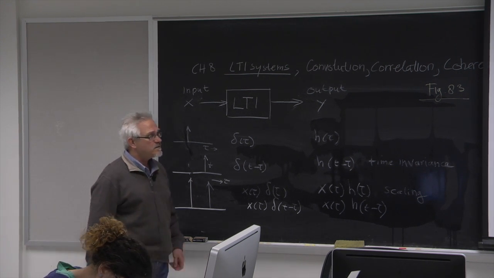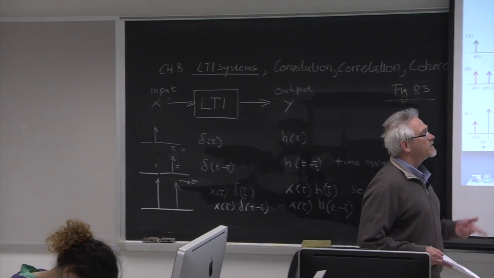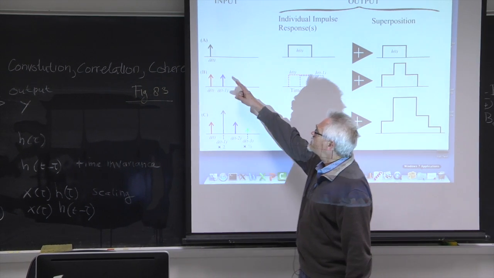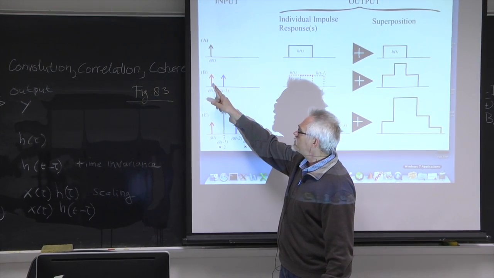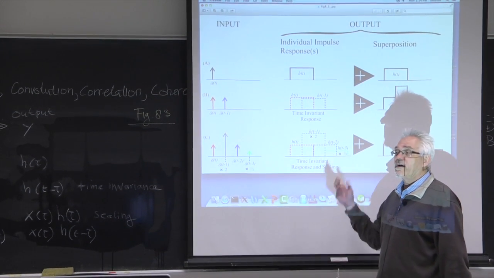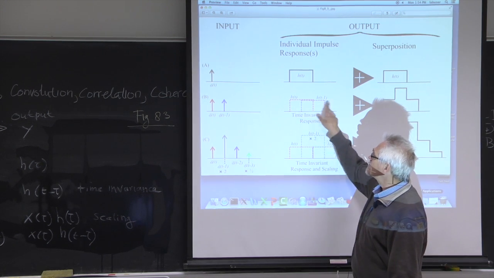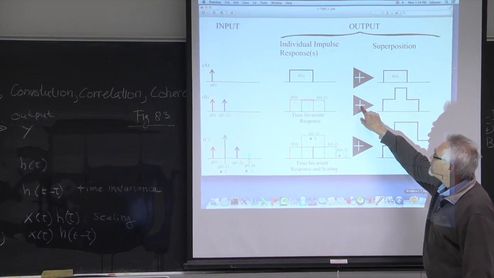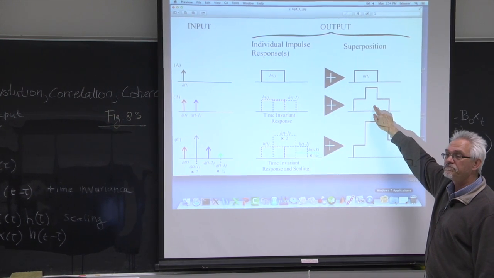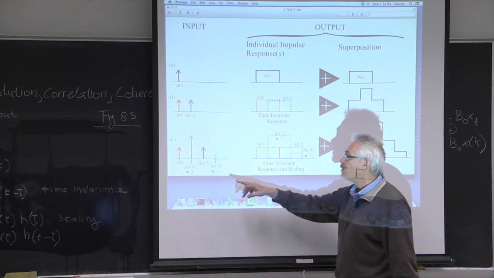So now what you can see, and that is the part of a linear system that we call superposition, is that if I give the system a combination of pulses, like in this case I give it 2 pulses, I can just say, well, if I know the response to one, then these two are just going to be superposed, and this will be the total response. See? And here I have an even more complex one.